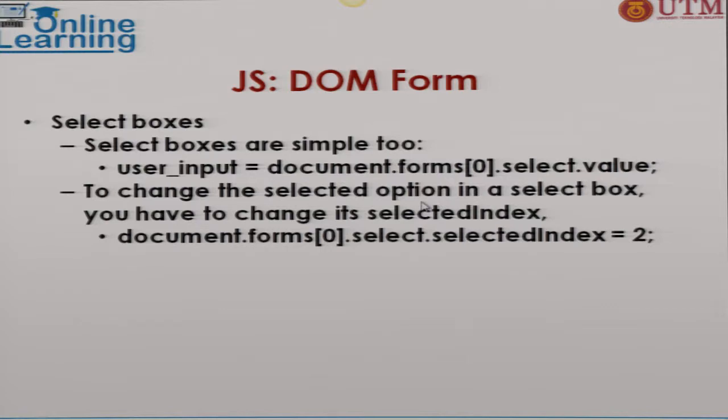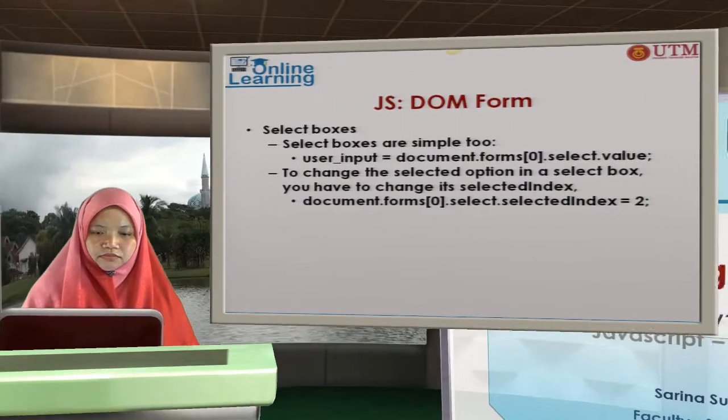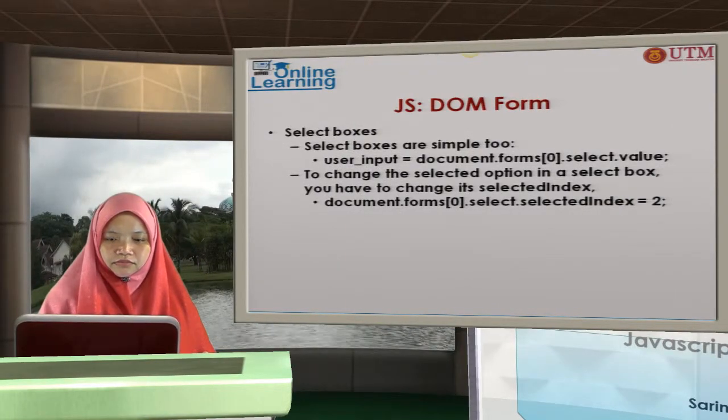To change the selected option in that select box, you can use the select index. The method is document.forms.select.selectedIndex. If the index number is 2, you just put number 2, meaning that you have 2 selection.